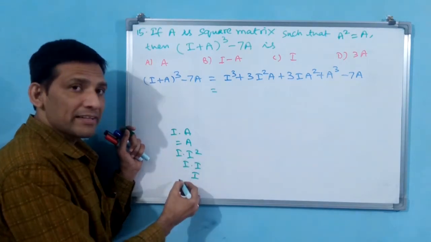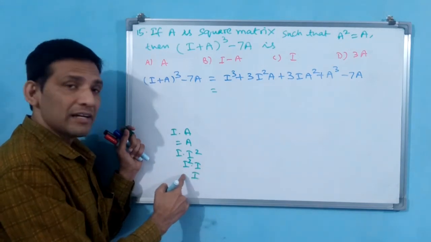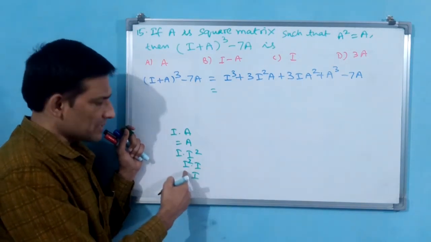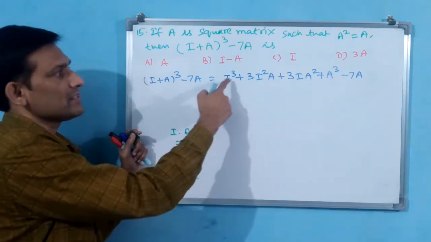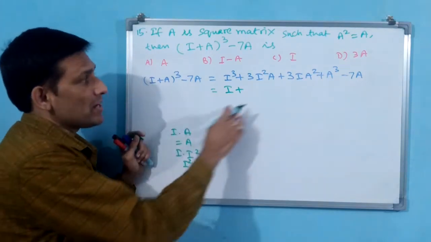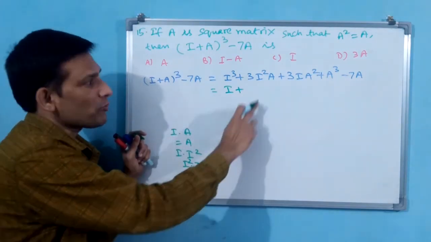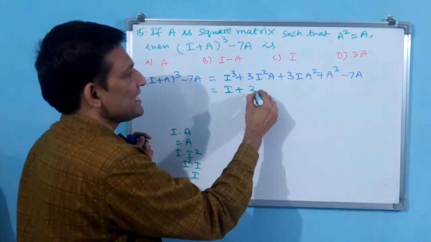I square into I is I only, because I is written two times. When I square or I cube is I, automatically I square into A is going to become I into A, that means 3A.